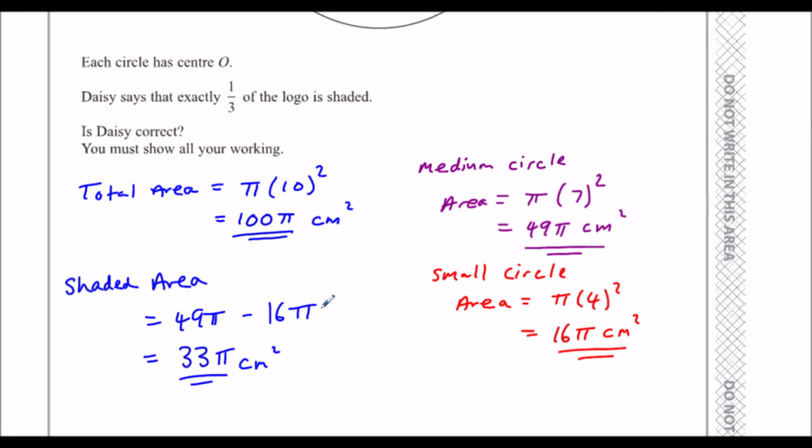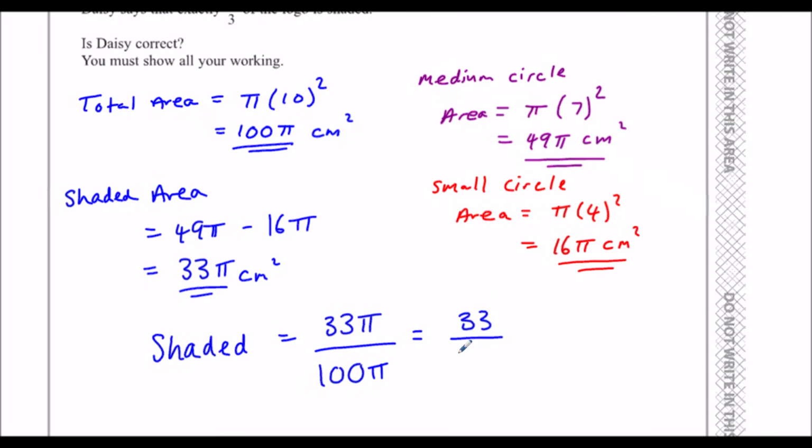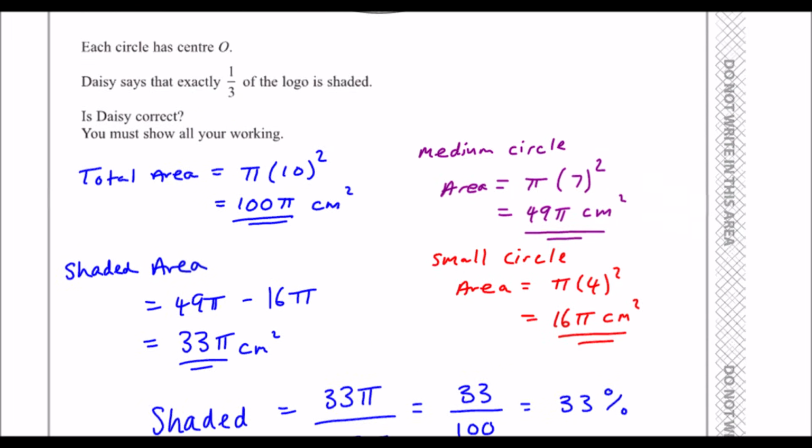So is exactly 1/3 shaded? So shaded is 33 pi out of the total of 100 pi, which is 33 100ths, or 33%. Is that exactly 1/3?